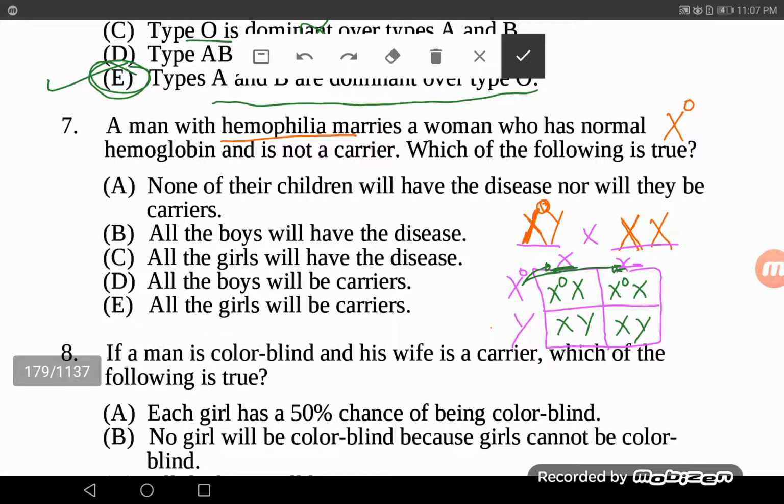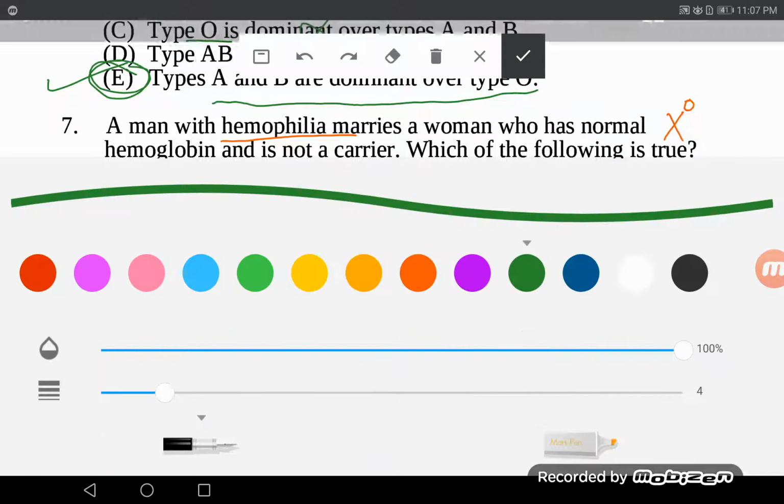So now let us read the question. But before that, let's read the answers that we have. But before reading them, we have to know the phenotypes of these crossings.